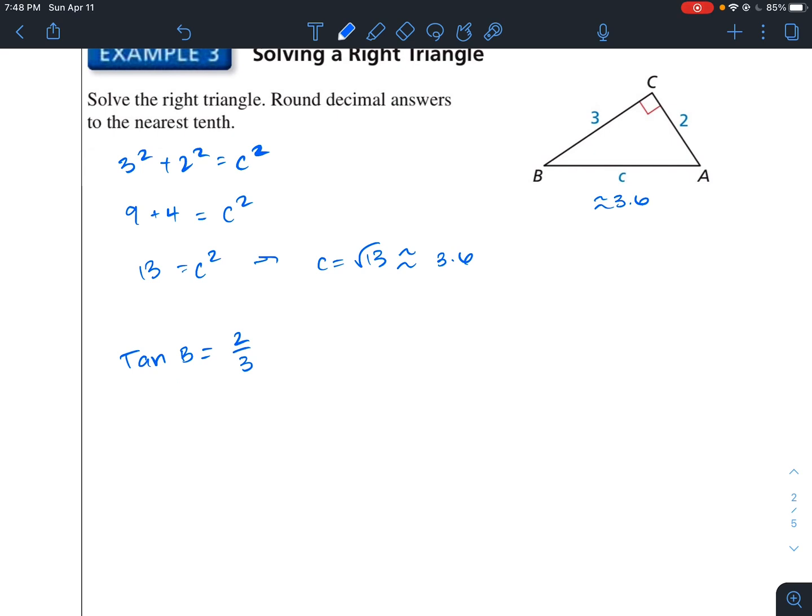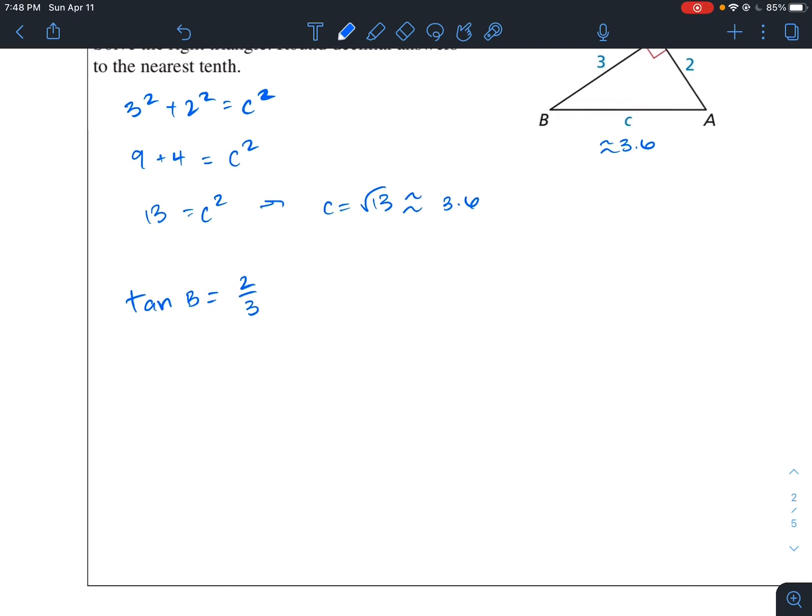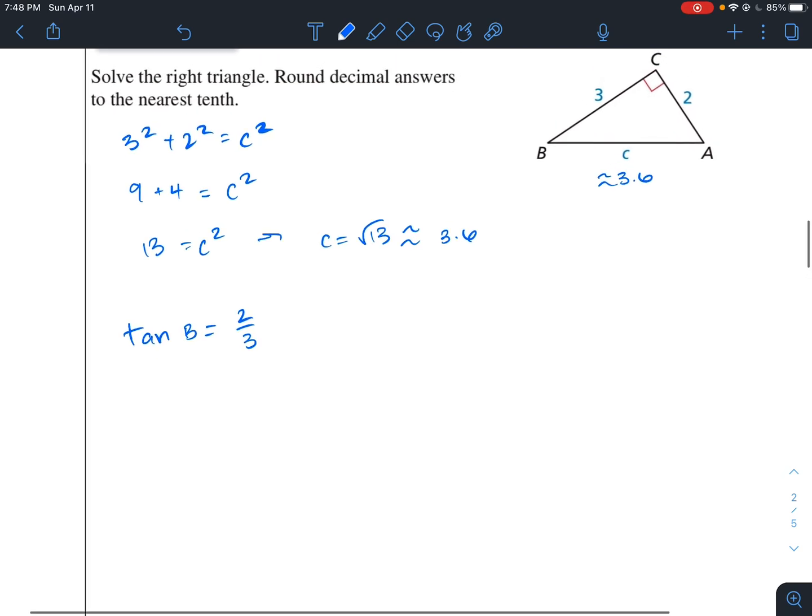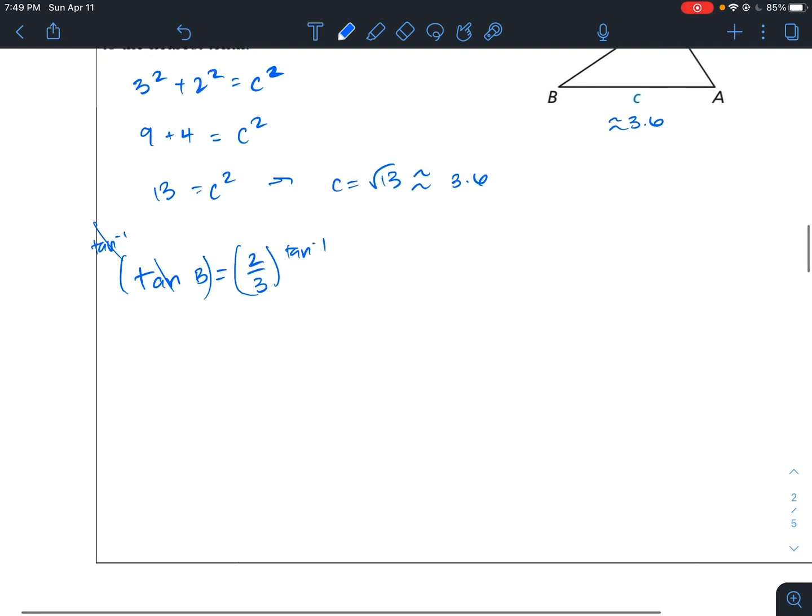So now I can solve for this because I know how to use tangent inverse. I know how to use my inverse trigonometric ratios. So I'm going to do the tangent inverse of both sides, which means these would cancel, so B would be equal to the tangent inverse of 2 divided by 3.